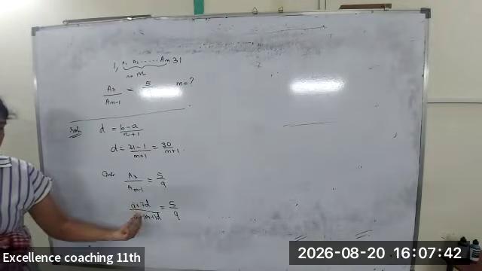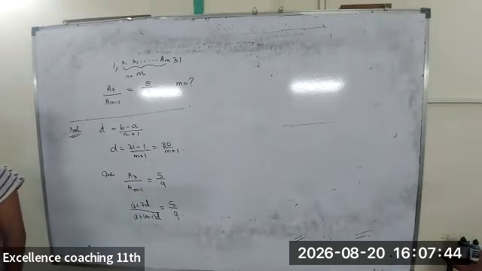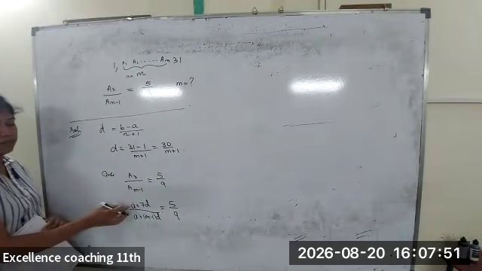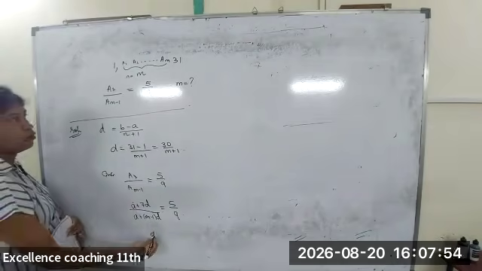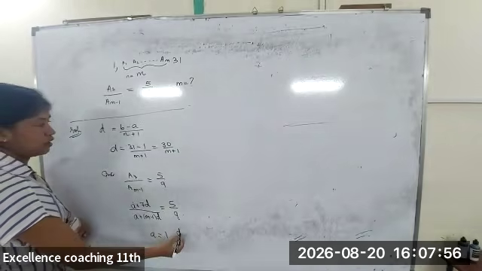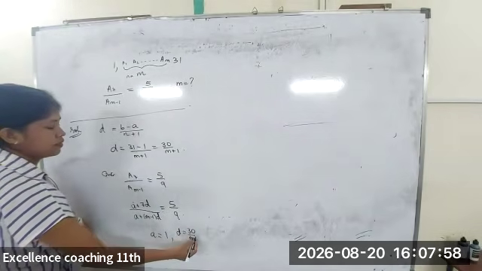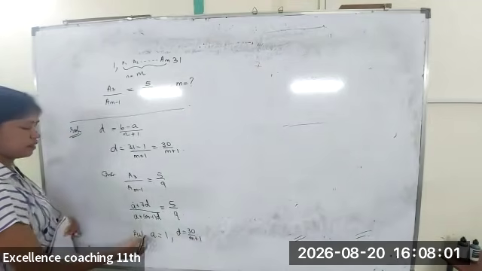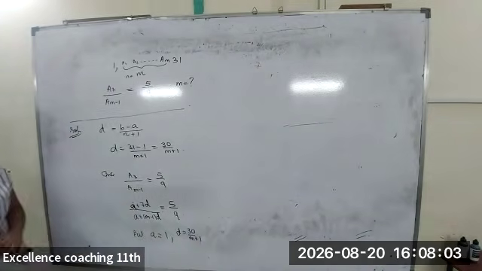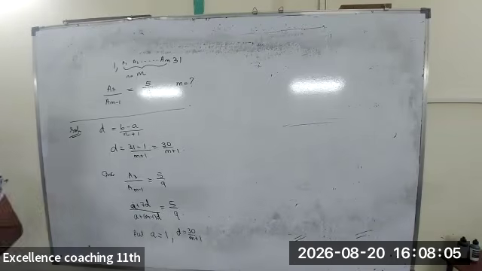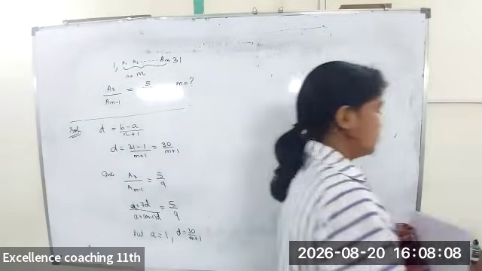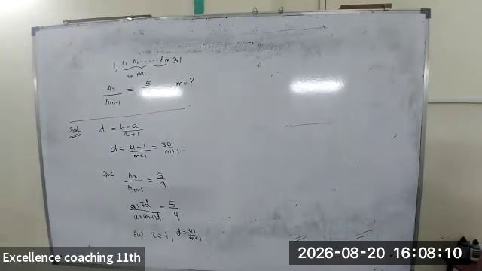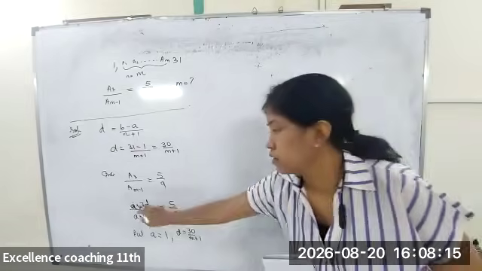A7 will be A plus 7D. A value we know and D value we know. So A you put as 1, D you put as the value, put it in this.